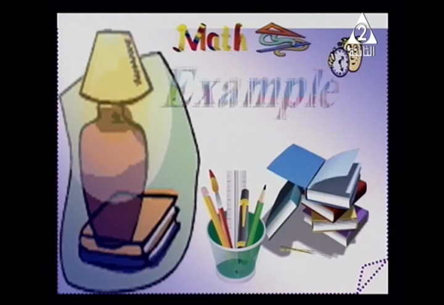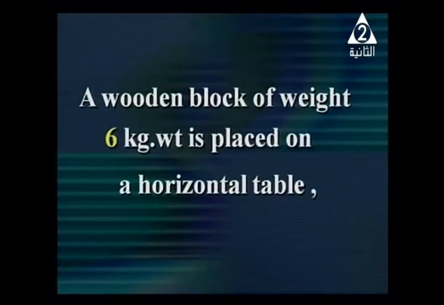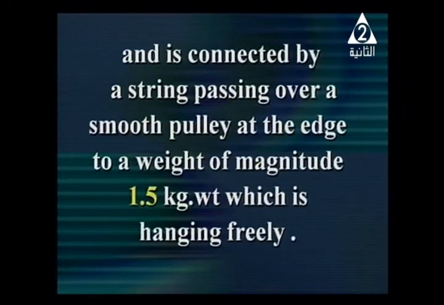Look, dear student, at the first example. A wooden block of weight 6 kg is placed on a horizontal table and is connected by a string passing over a smooth pulley at the edge to a weight of 1.5 kg, which is hanging freely.